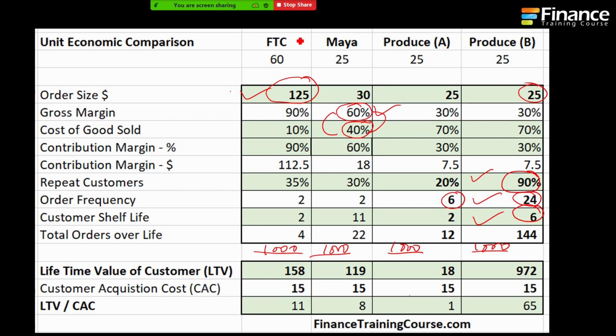So for example, in the case of FTC, if FTC has 1,000 customers, its value is $158,000. If FTC had 10,000 customers, its value would be $1.58 million. Does this logic make sense?